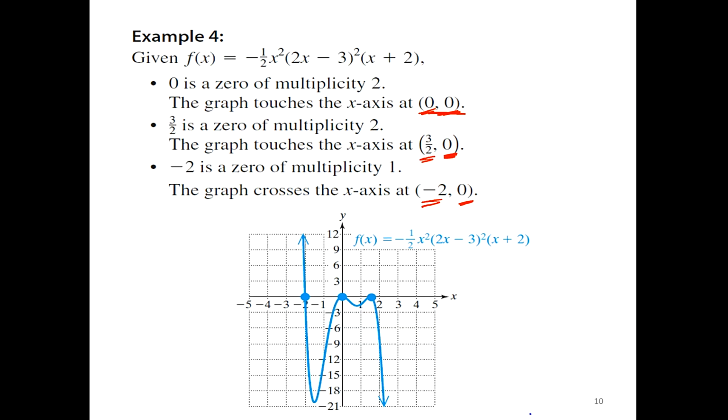Look at the graph: we have the points minus 2, 0, and 0, 0, and 3 over 2, 0. These 3 zeros are also the X-intercepts. This is also the value of the X-intercept.